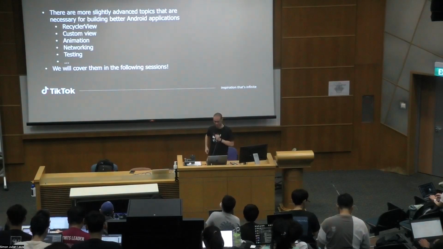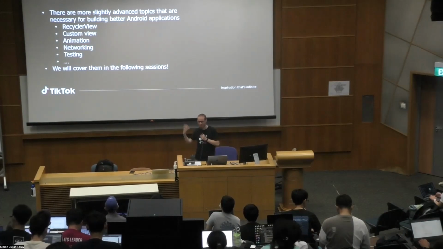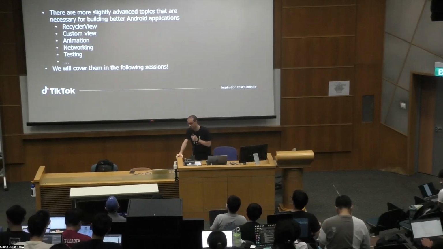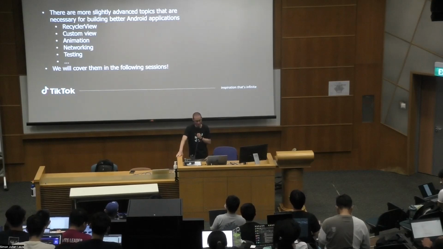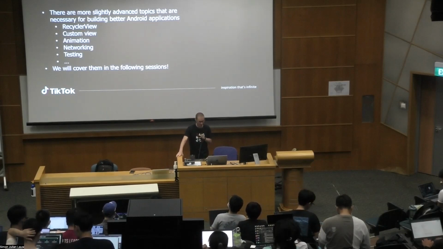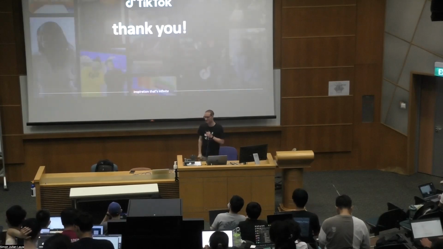There's much more to cover for Android: showing lists, animation, networking, and testing. Today I'm only covering basic container UI. After you have this, later you can build any application, and you can find a way to add some network code, parse the result, and display some information. And that's it for the theory.